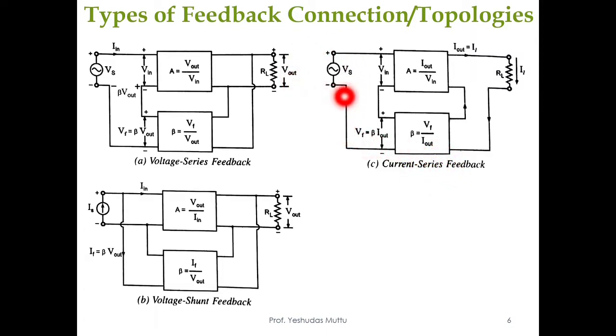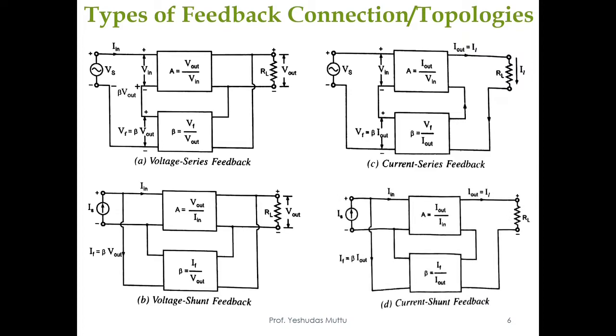The voltage source. So you have a voltage source over here, connected in series. A and beta are again output upon input. Here the output is I out and input is V in. Over here the output is Vf and input is I out.